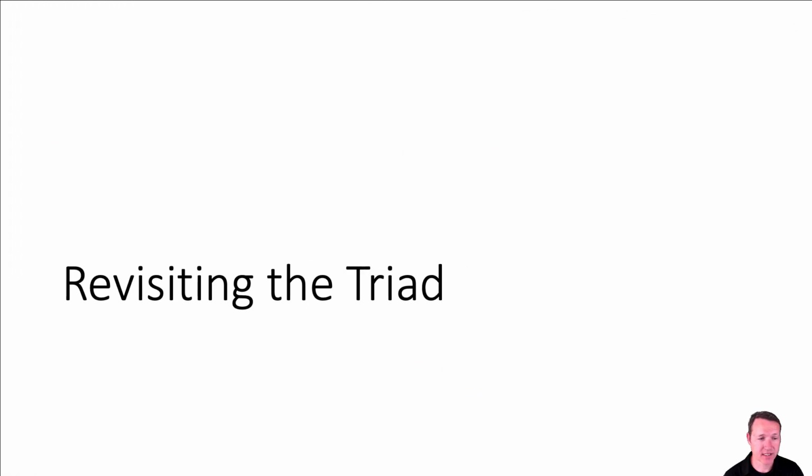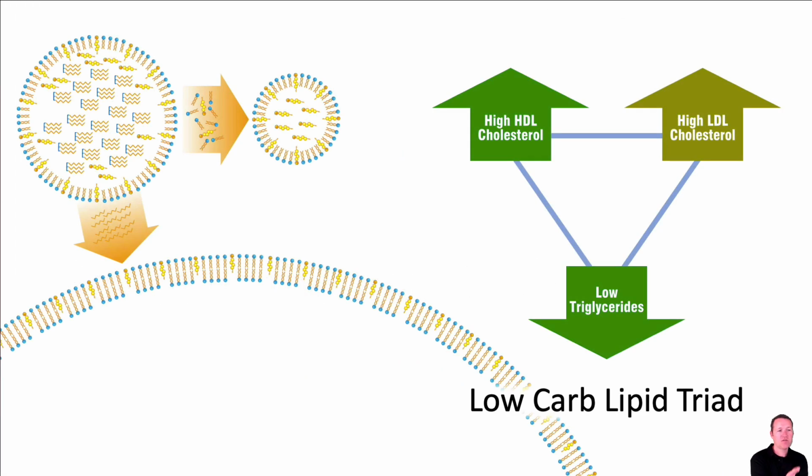So let's revisit the triad for a second, because hopefully by now you can see why I seem to keep revisiting just the basic lipid panel, and why I think it's so important more now than ever to look at the combination of high HDL cholesterol and low triglycerides with high LDL cholesterol.